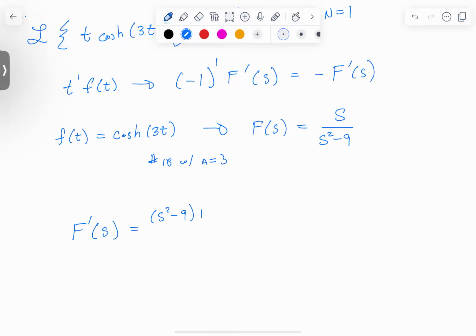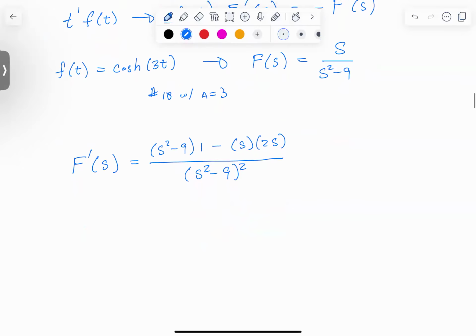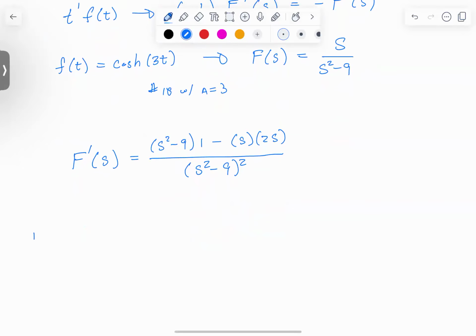D low, square the bottom, and away we go. Finally, our function g of s, which we're actually looking for, is negative the derivative F prime of s.